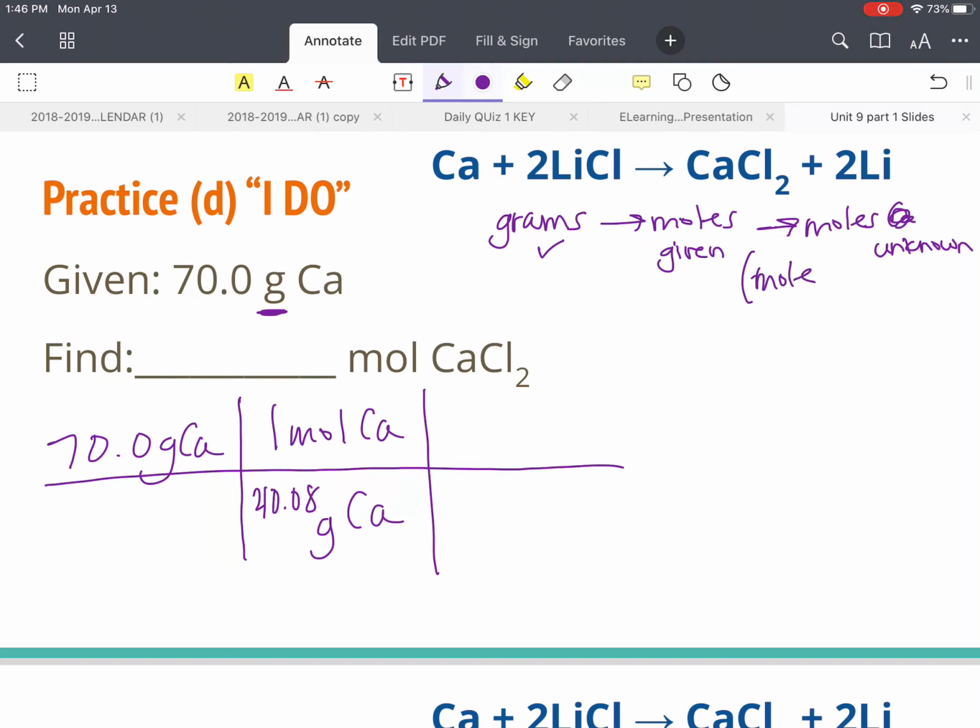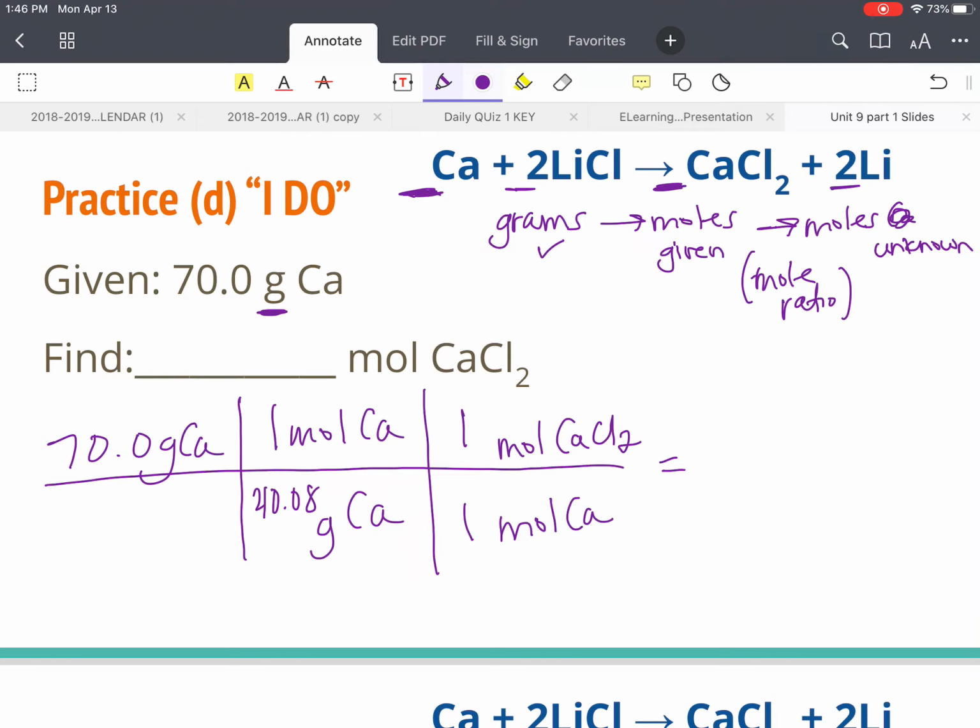So how am I going to do that? I'm going to use the mole ratio. I'm going to look up at my equation and look at the coefficients in front. Moles calcium goes on the bottom, and moles calcium chloride goes on the top, because I want them to cancel out. Calcium: how many moles do I have in my equation? Just 1. Calcium chloride: how many do I have?